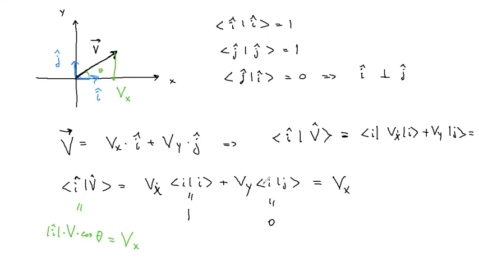How can you find Vy, the y component? My x component was a dot product of V and I, so what will be the equation for the y component? What should I do? J product.